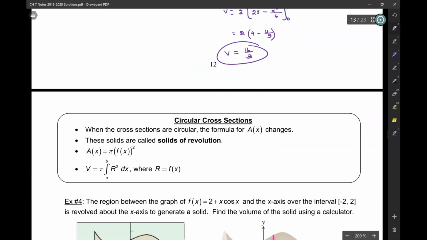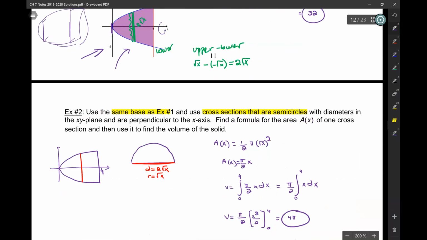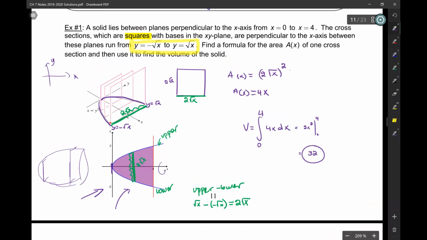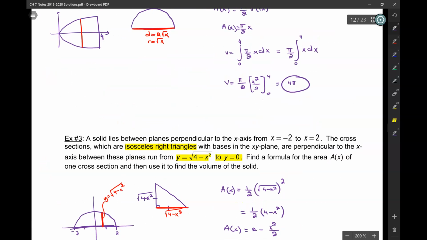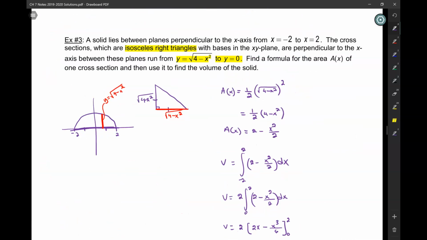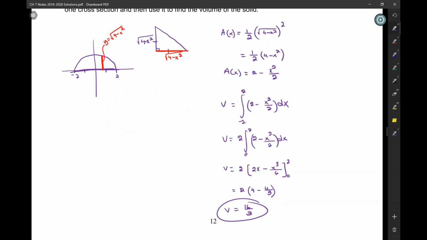Okay, so we did a couple of different cross sections, right? We did a cross section which was a circle, a square. We did one which was a semicircle, and then we did another one which was a triangle. They could be any shape, honestly. But now, the most accurate is definitely when we take circles as cross sections.